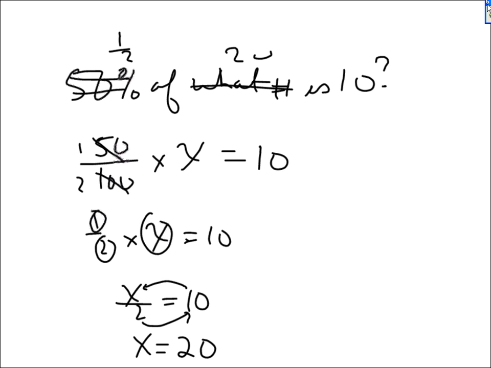Half of what number is 10? 20. Half of 20 is 10. So hopefully you could have just done that one in your head. Half of 20 is 10. Half of what is 50? 100. Half of 100 is 50.